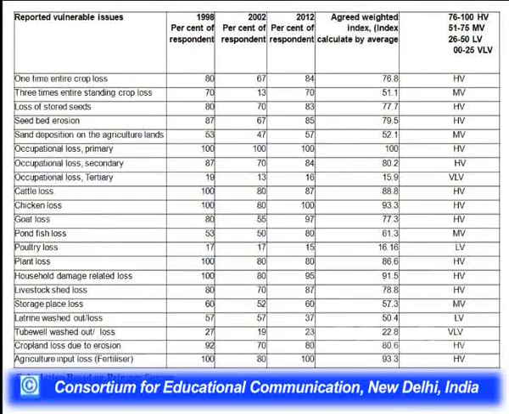Now you can see we have collected data for three time periods: 1988, 2002, 2012. One-time entire crop loss, three-time entire standing crop loss, loss of stored seeds, seed bed erosion, goat loss, pond loss, poultry loss.